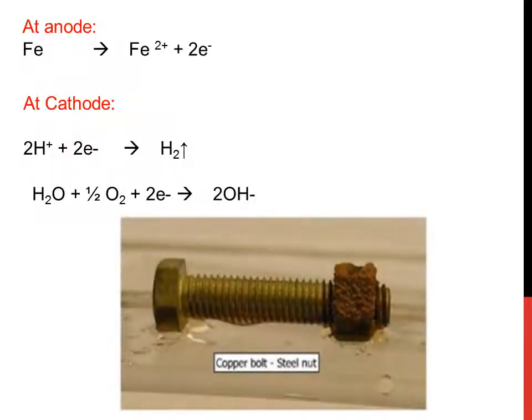Next you can see one example, a copper bolt fitted with a steel nut. Here you can see how stainless steel and copper are placed in the galvanic series. From the image, you can observe that the steel nut fixed to the copper bolt has undergone rapid corrosion.